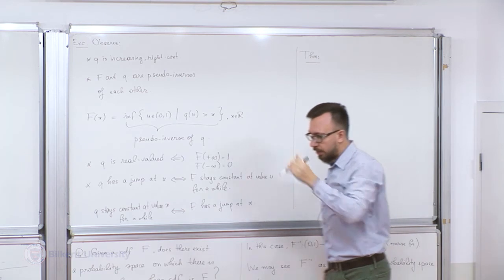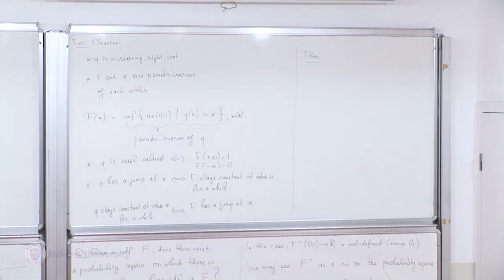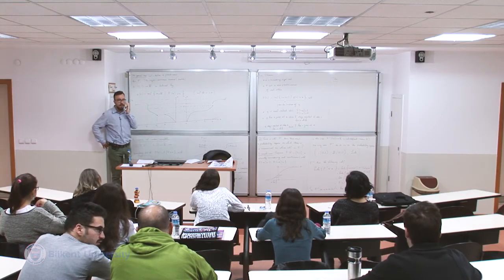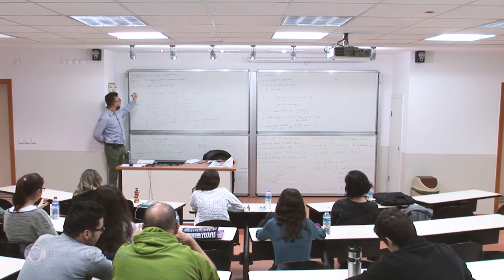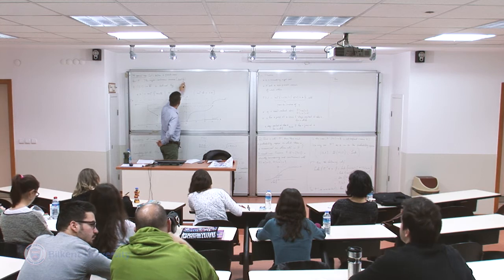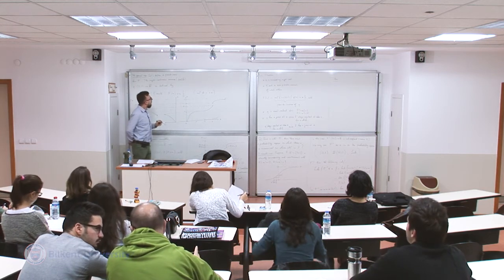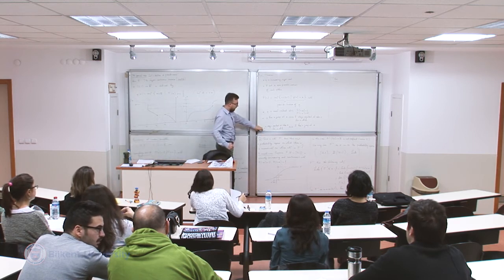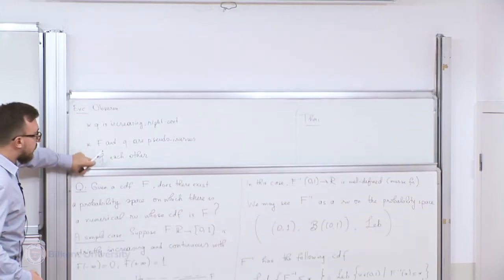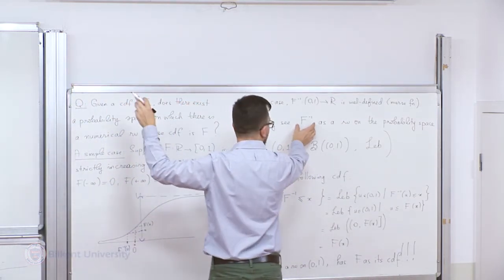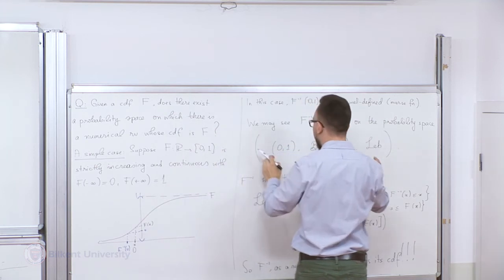I think we're ready to give our important theorem, but let me wait. Any questions so far? So this is the quantile function, okay? This Q is the quantile function. And as we did in the simple case, where F was invertible, we're going to see Q as a random variable on this probability space.